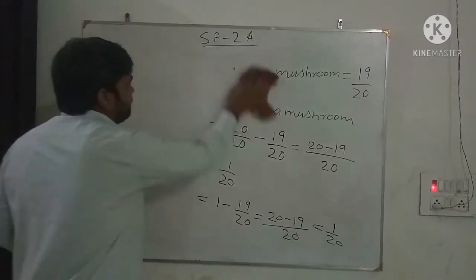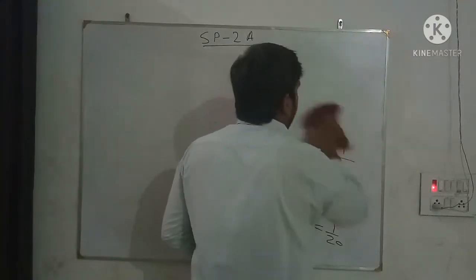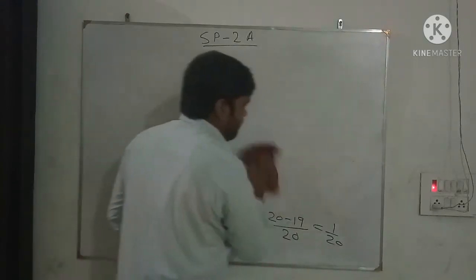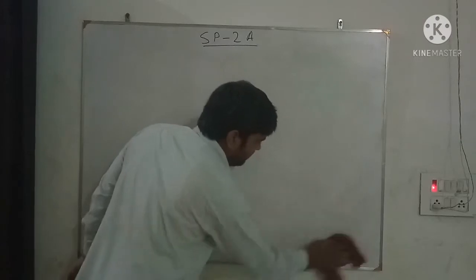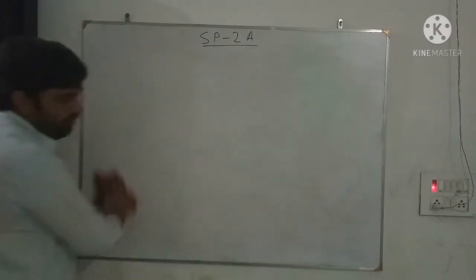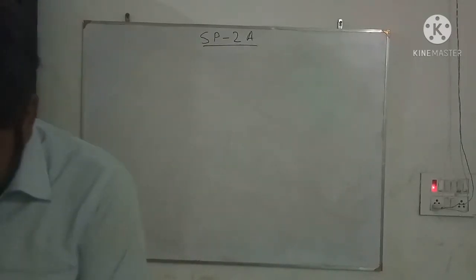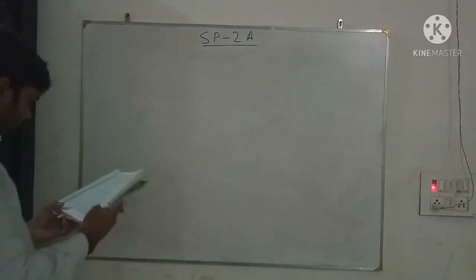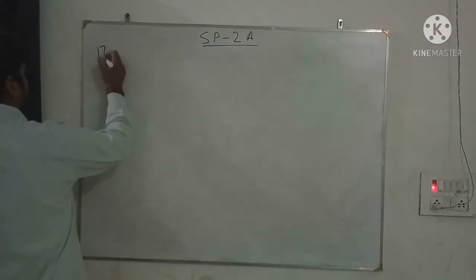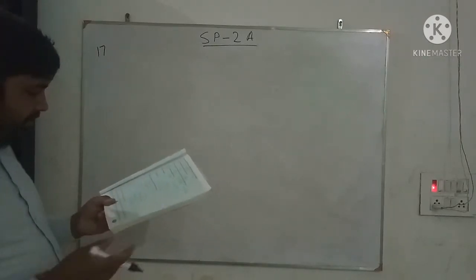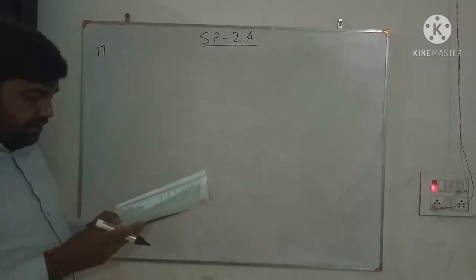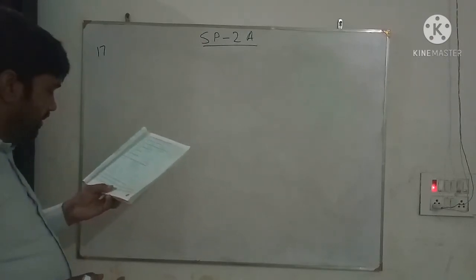Now we move to the next question. Question number 17. During a campaign, an army loses 1 by 10 of its members in a battle.